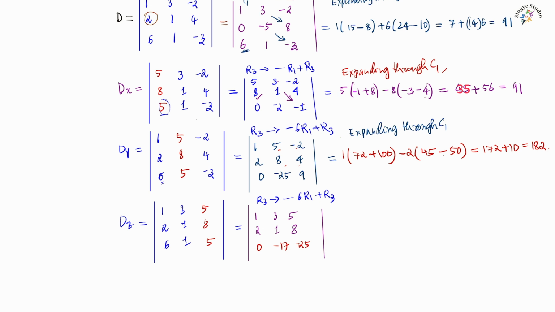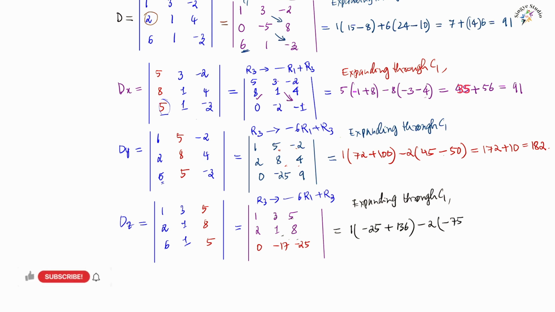Now we have to evaluate this by expanding through C1 again. We get 1 times negative 25 is negative 25. Then here is negative 17 times 8, right? So we have to use positive 136, then negative 2, then this will be left. So 3 times negative 25 is negative 75.